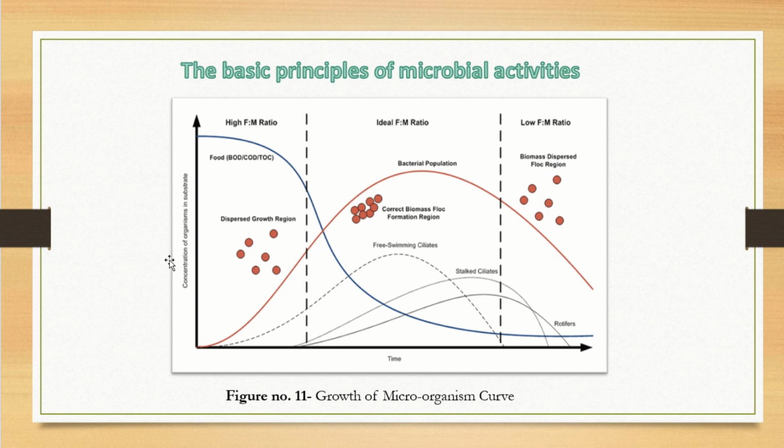Hence, we can conclude if the number of microorganisms increases, waste in the form of organic matter decreases rapidly, because organic matter is the food of microorganisms.